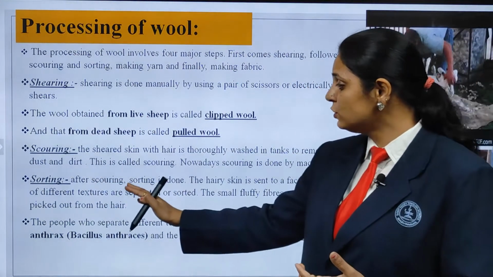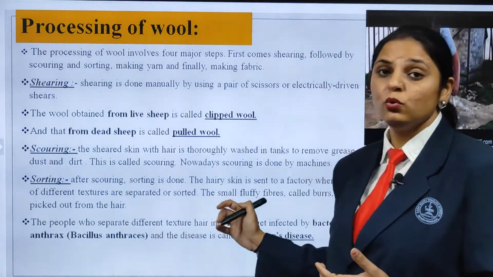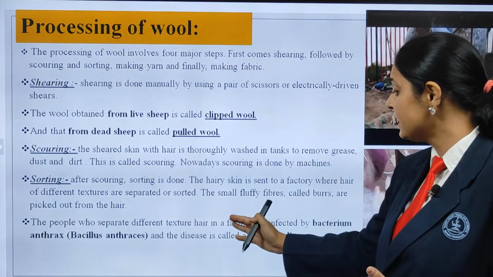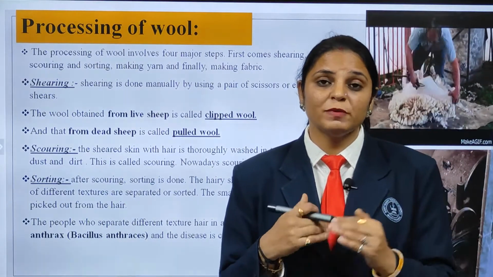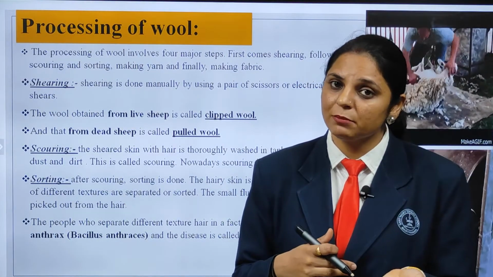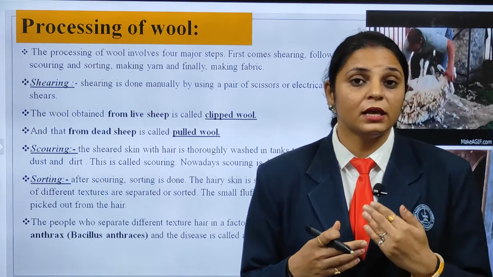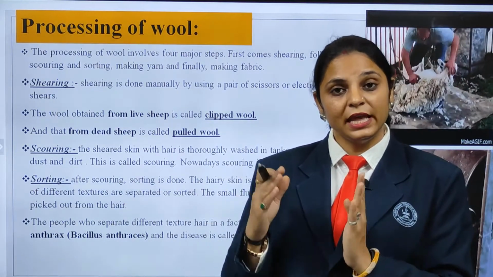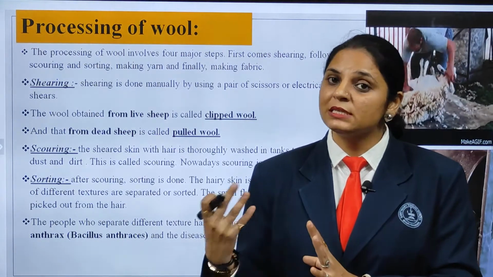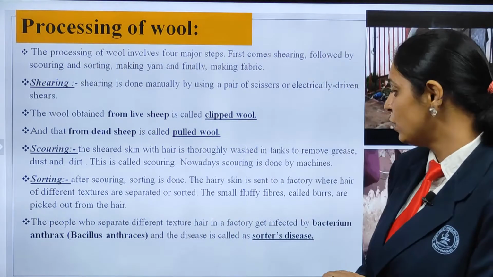After the sorting, think about the people who separate different textures here in the factory. Have you thought about the occupational hazard? I have discussed this in my previous videos also. The work they are doing is associated with some diseases. Here in the case of wool, what happens?